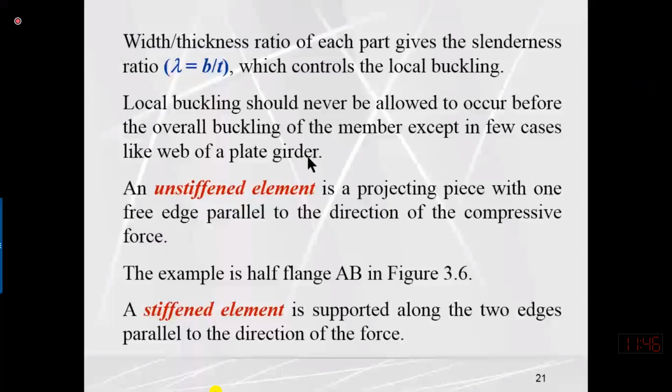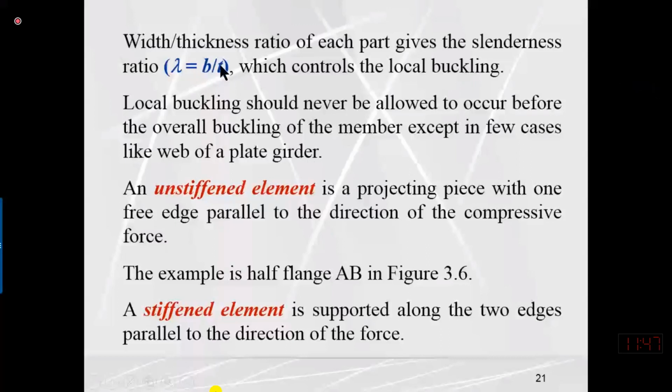The AISC specification says there must not be any local buckling before overall buckling. How can we avoid it? By controlling the B over T ratio, which should be lesser. So either we select a section with lesser B or larger thickness.